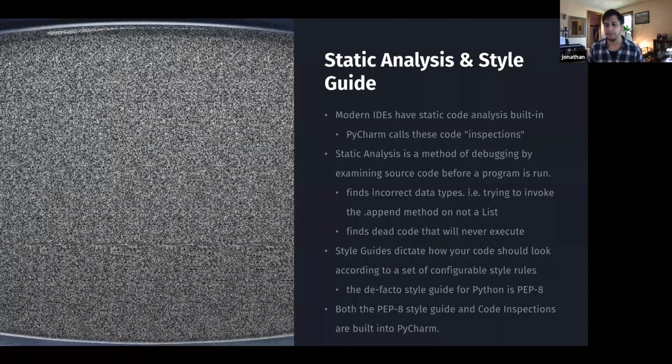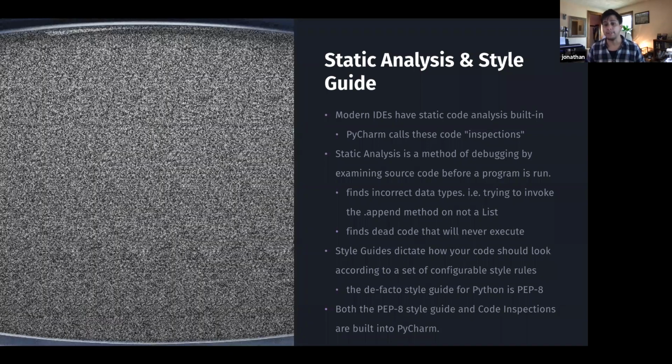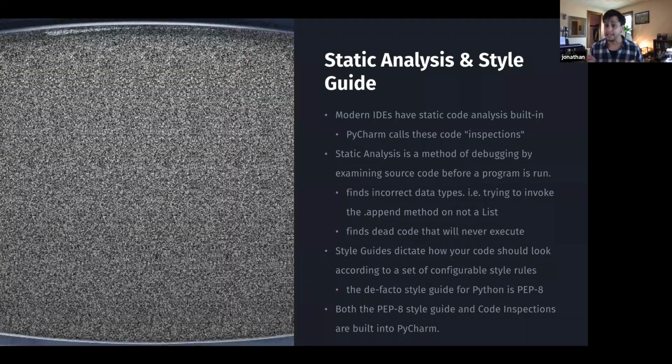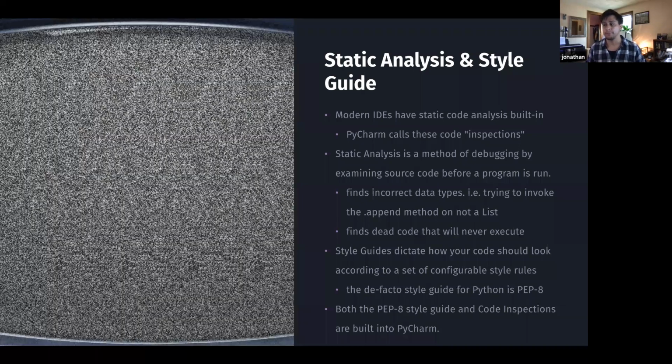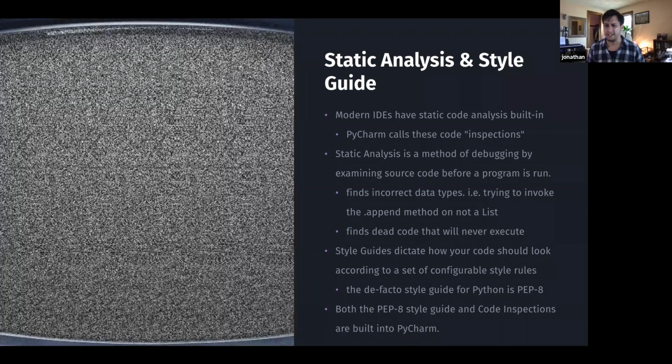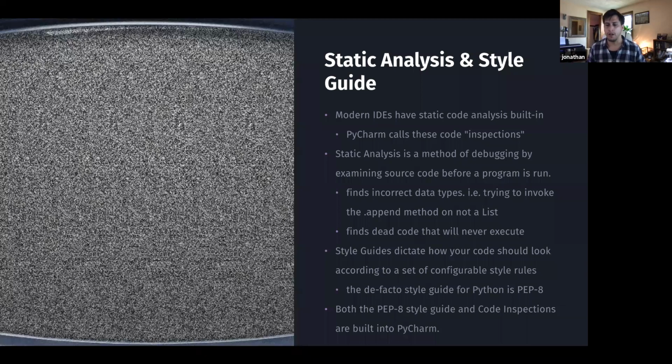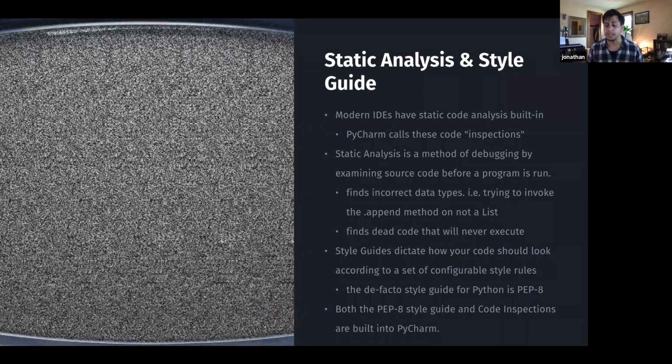So to that end, there's a sort of industry standard de facto style guide for Python, and that's called PEP 8. So if you were wondering about that, it's called PEP 8. And in fact, I think it was written in part, if not entirely, by Guido, the author of the language himself. So it's a lot of his opinion.